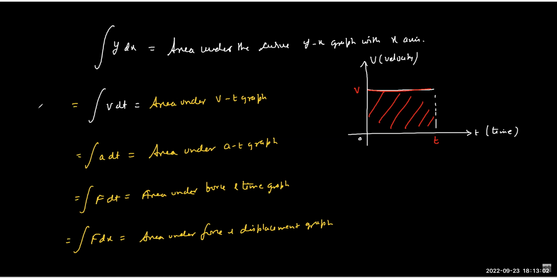So a dt is called change in velocity. And these all come from definitions. f dt is called change in momentum. And f dx is called work. We have seen this before, right? So the f-x graph gives you what? It gives you the work done by the force.